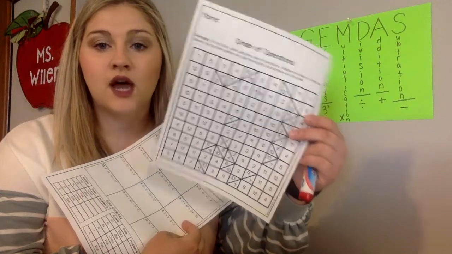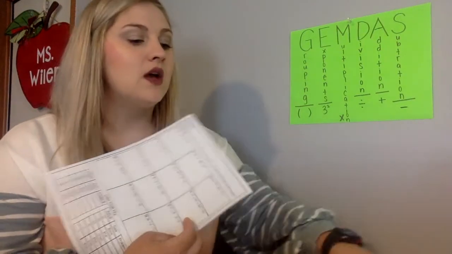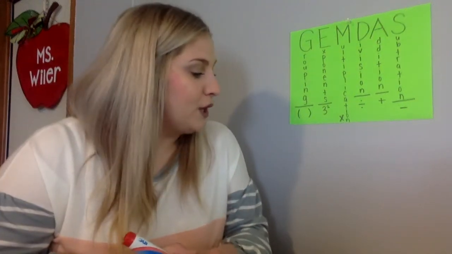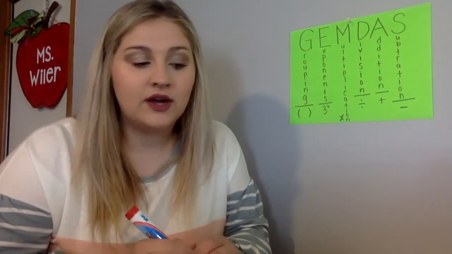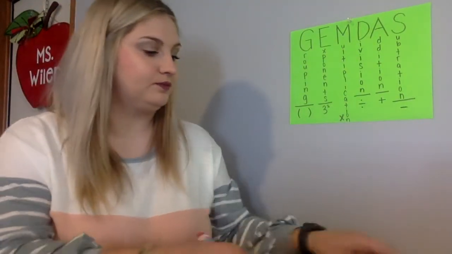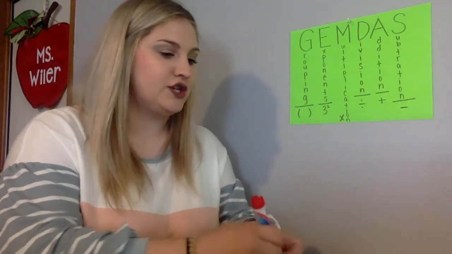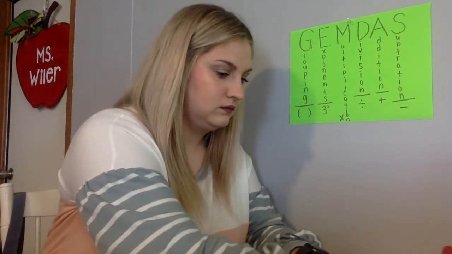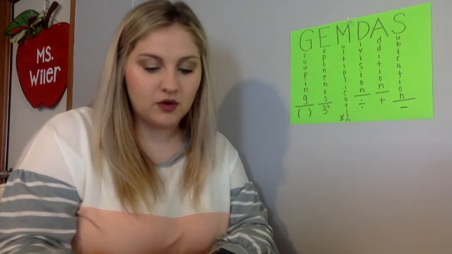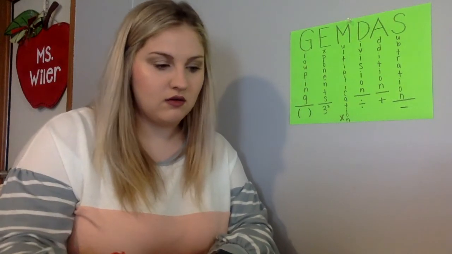You will use it to color this sheet right here. So look at number 2 on this worksheet. You're going to be following along with me. Number 2, get it written down, and we're going to go over it together.